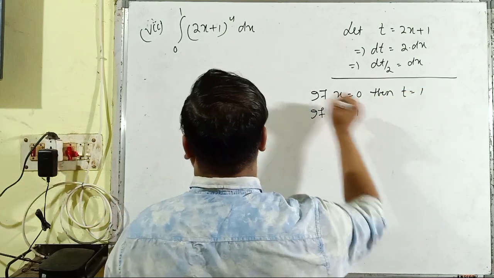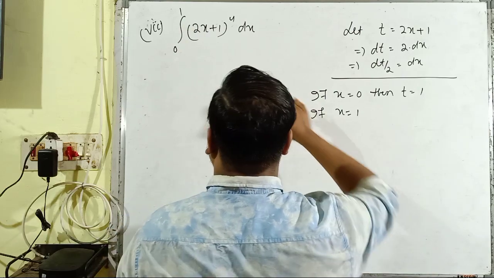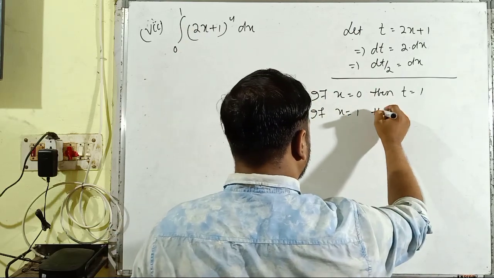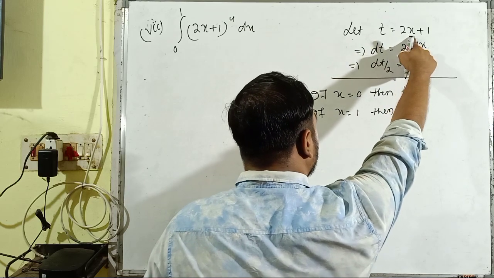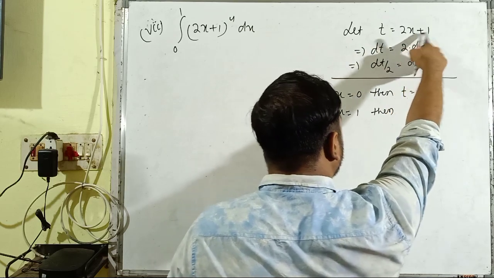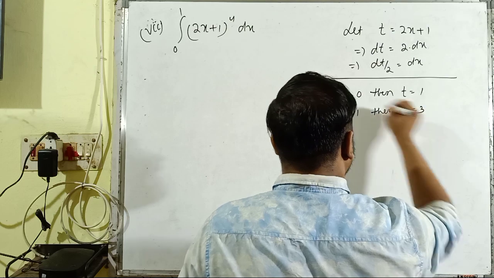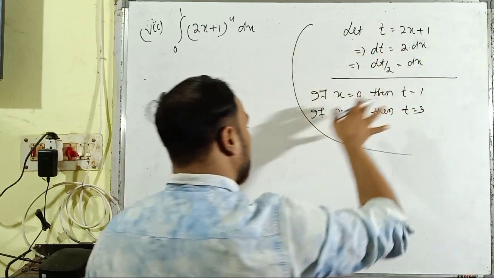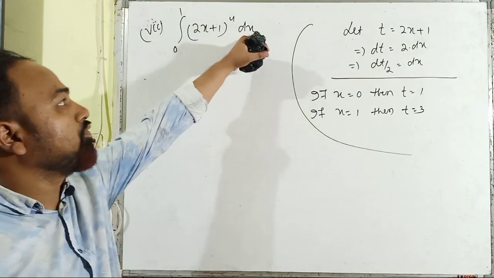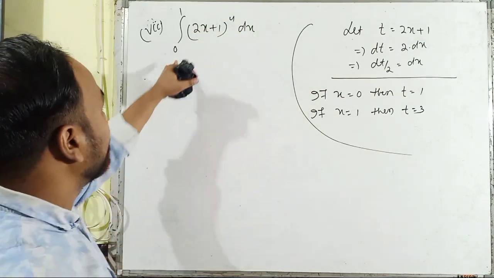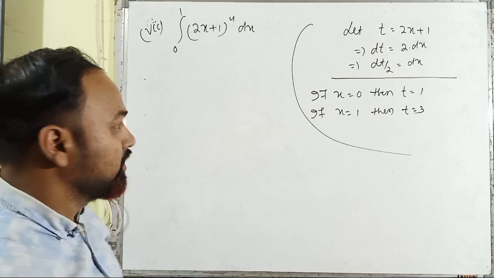If x is equal to 1, because the upper limit is 1 for the variable x, then putting 1 here, 2 multiplied with 1 is 2, plus 1 is 3. We have to substitute these terms in place of the integrand, and in place of the lower limit and upper limit.